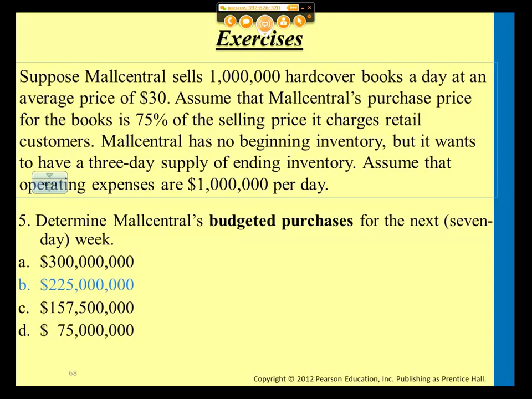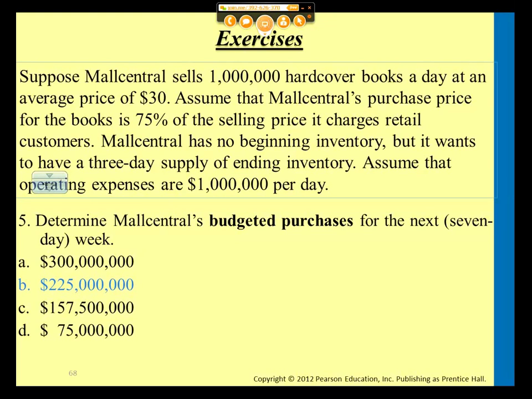3-day supply? How do I do that? You have a 3-day supply of ending inventory. But how do I do that? So I have 1 million per day, right? You need 3 million times 0.75. Something like that. I have average price $30.